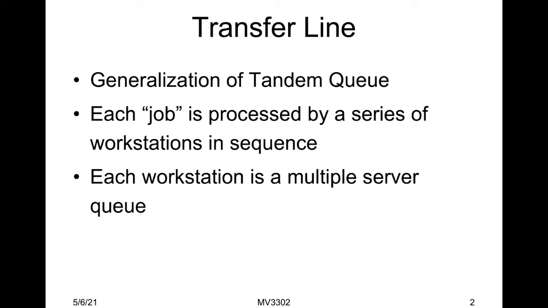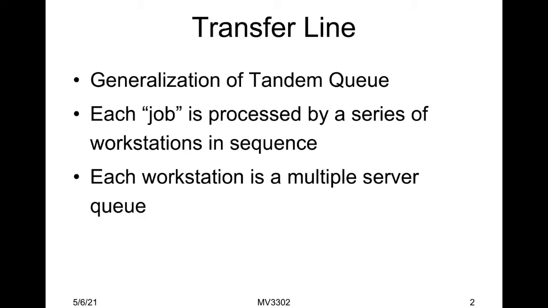This is different. The idea here is that you have jobs or customers, and they get processed by a series of these workstations in sequence. Something like a DMV is an example of that. Oftentimes when you check into a particular billet, when you first get there, there might be a sequence of steps that you go through. In the vaccine that I got a few weeks ago over in DLI, again, there was a sequence of these things.